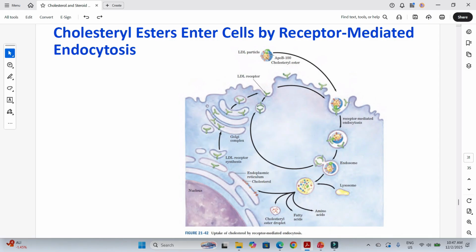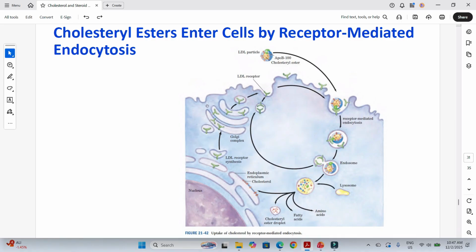So here, an LDL particle is going to be recognized by the cell that it targets, for example, the liver. The cholesterol ester will be internalized via receptor-mediated endocytosis.